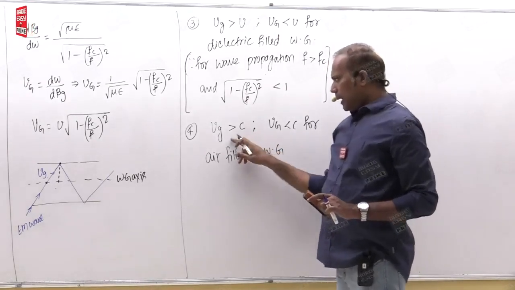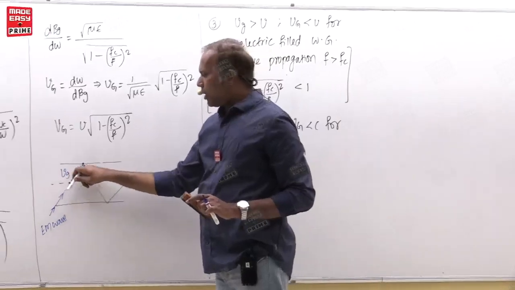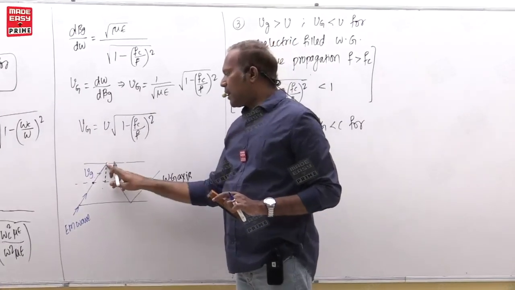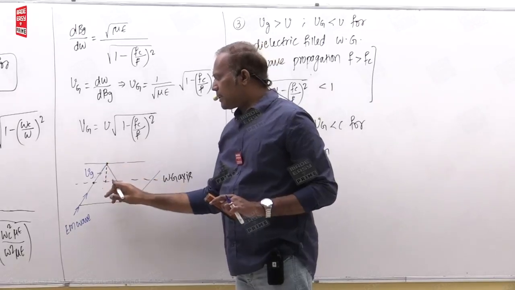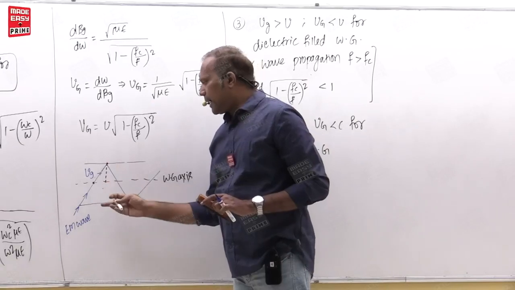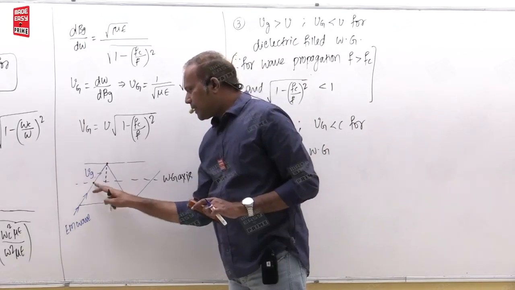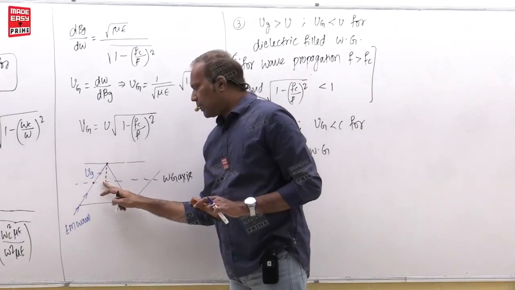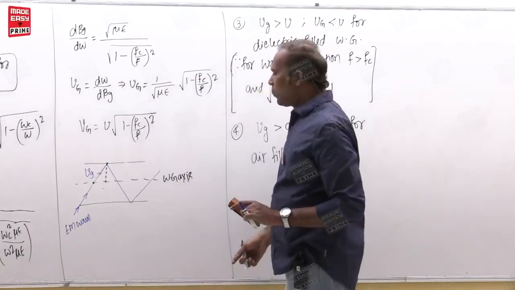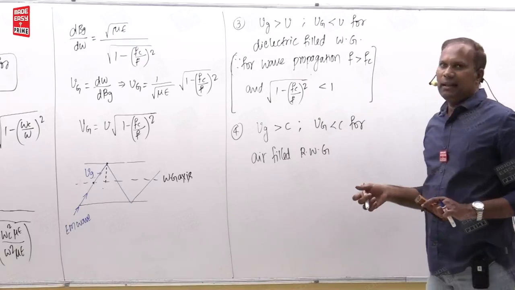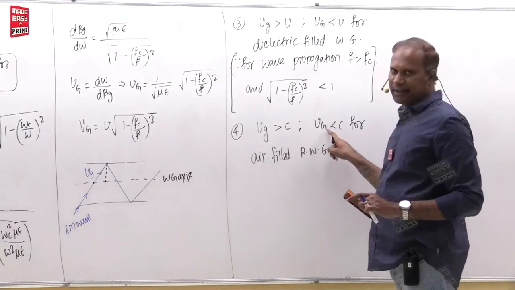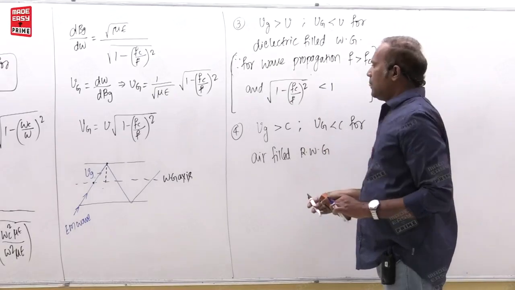So in this direction, velocity should be more because the wave is traveling a longer distance. But the message is here only. The wave traveled from here to here, but in the direction of the waveguide axis, the message traveled from here to here. That means this is less distance, less velocity, that is group velocity. So group velocity is the actual velocity, that is less than the light velocity. This is the actual velocity, practically.